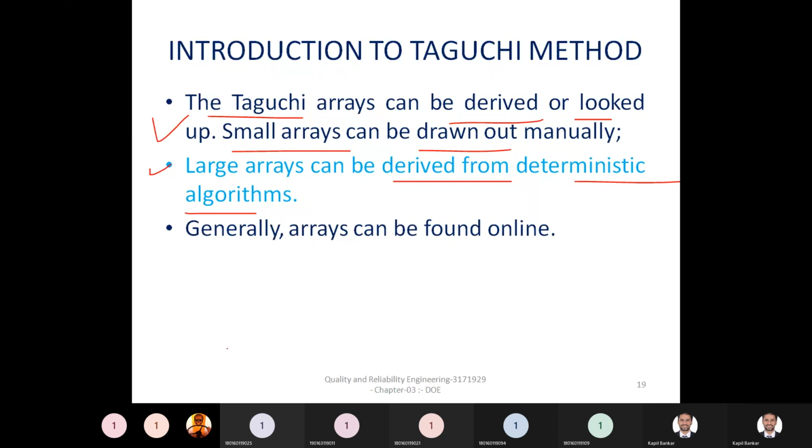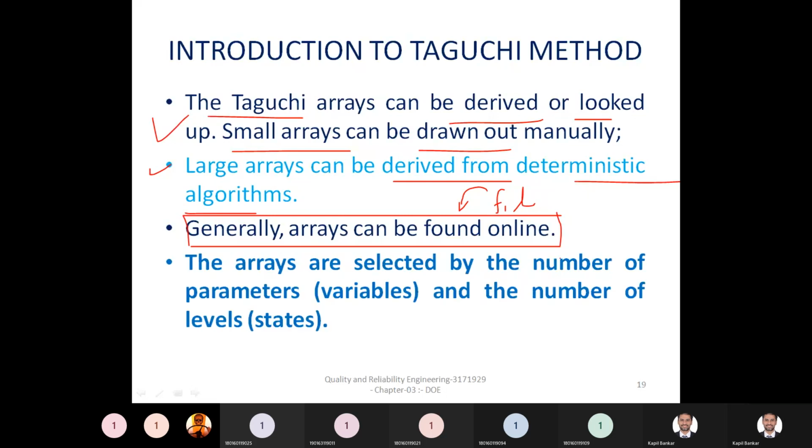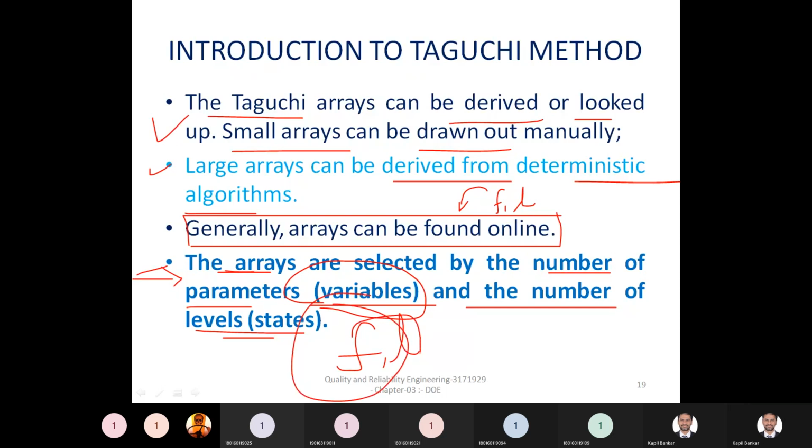Generally, arrays can be found online, and through that you can select your array as per your factors and their levels. The arrays are selected by the number of parameters, meaning variables, and the number of their levels. This is most important. The array can be selected with the help of your factors and their levels. With the help of these two, you can select your array.